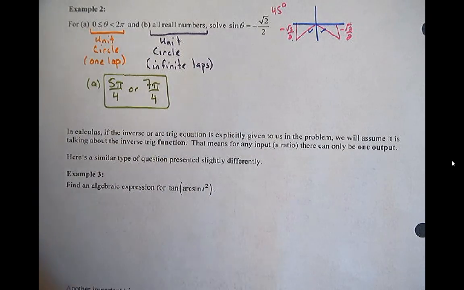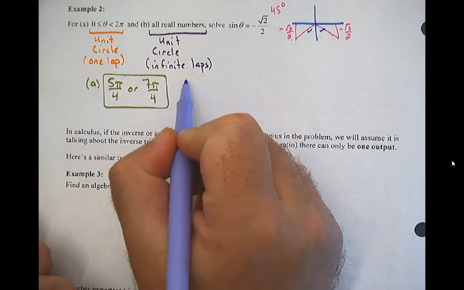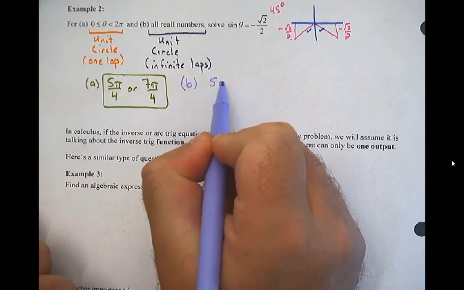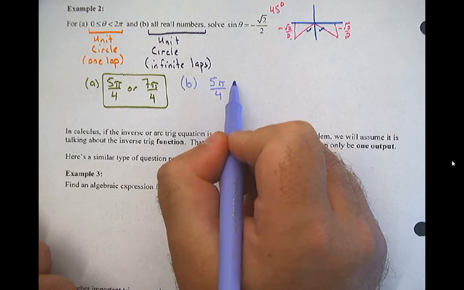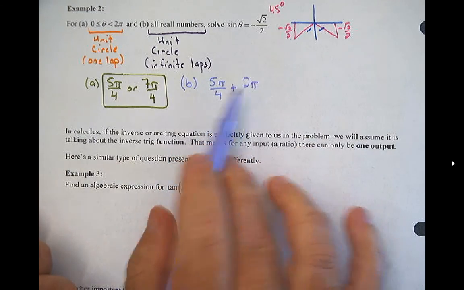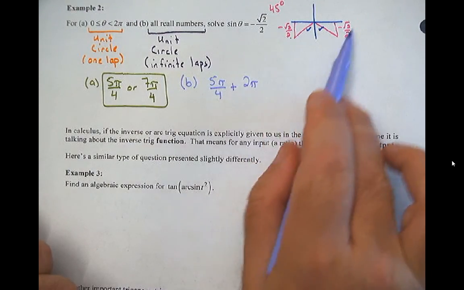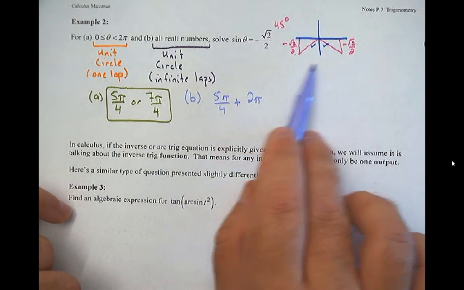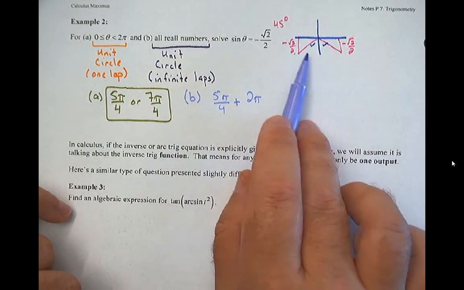So for part B, I would take my 5 pi over 4 and add 2 pi. Now, that would just take me one lap around. I want to go around infinitely many times, but I also want to go backwards one lap infinitely many times.